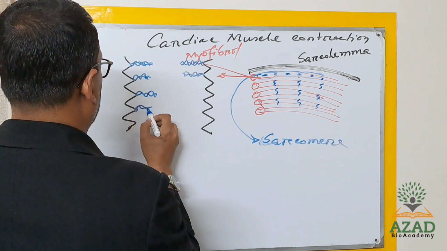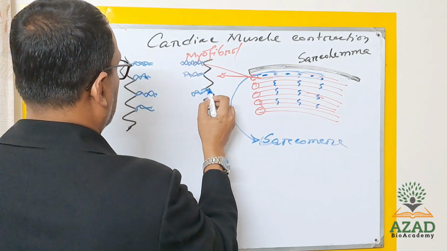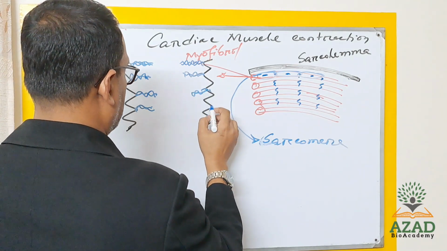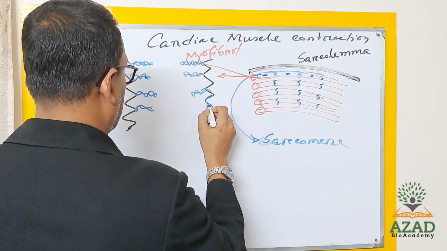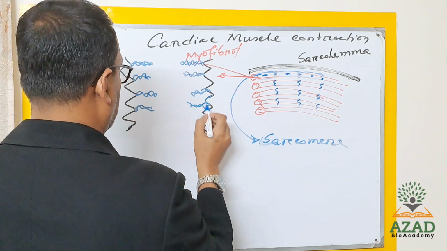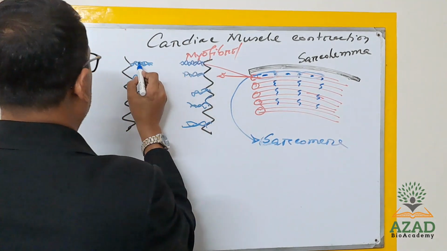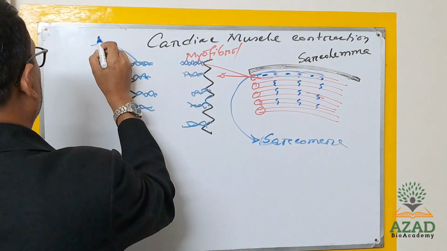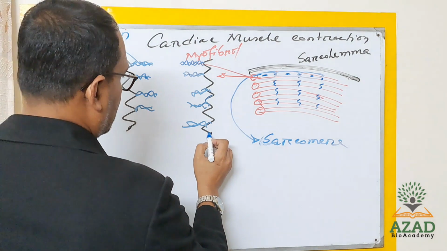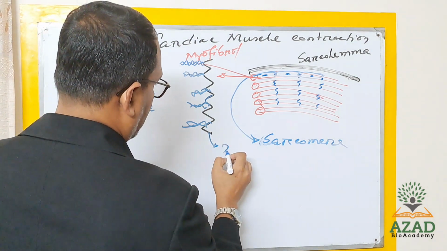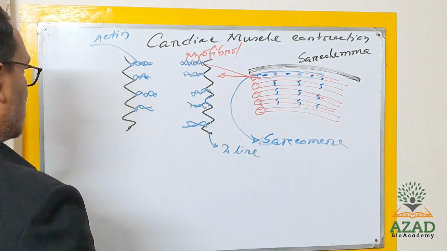The name of the filament is actin. And this is the Z line.